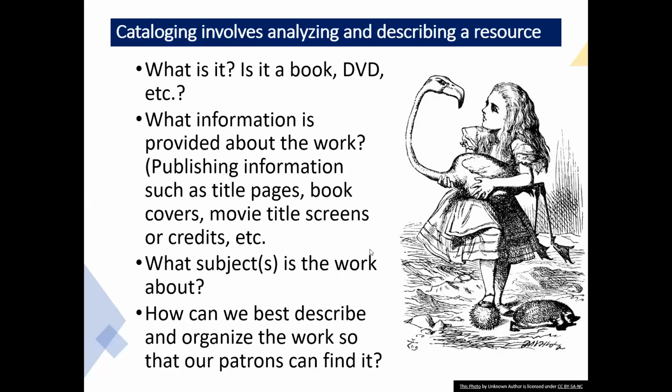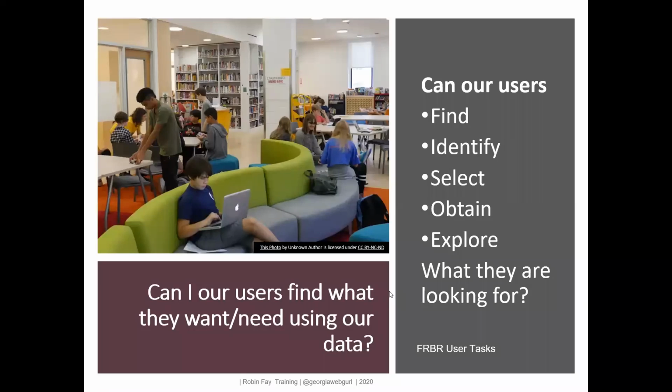It may be that it's just shelved on the shelf in its call number order, or you may actually have a collection someplace where you organize those materials so that patrons can just come in and quickly see, like, the New York Times bestsellers. So we have different ways of organizing things. But our goal is to help our users find what they want and need using our data. So that's our piece in this, as catalogers.